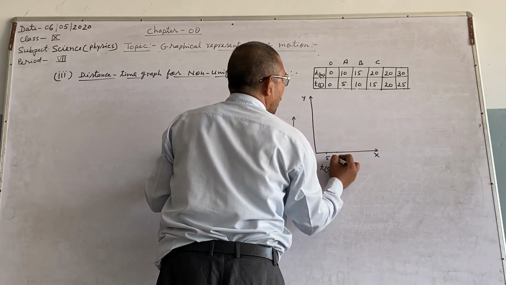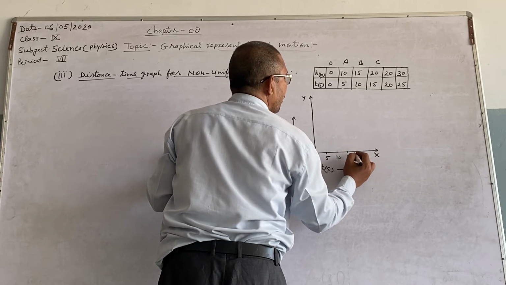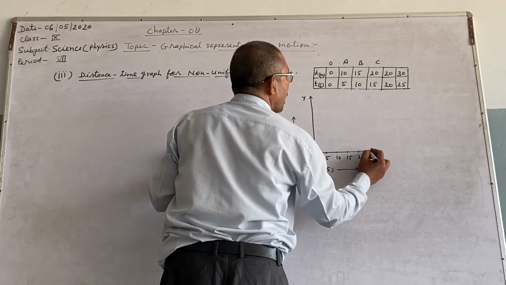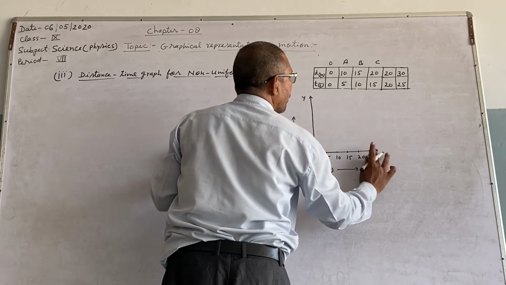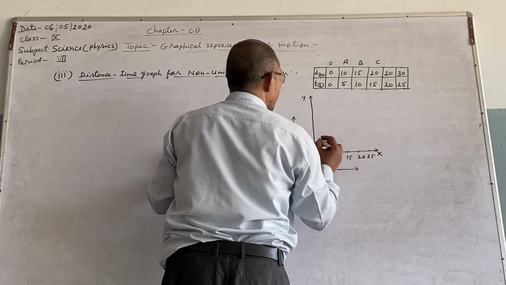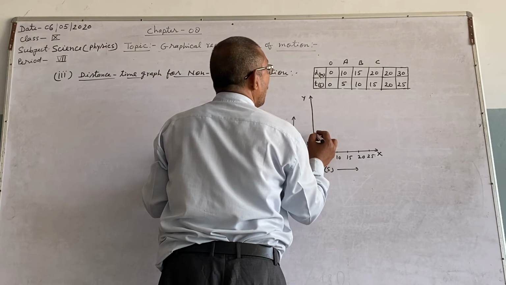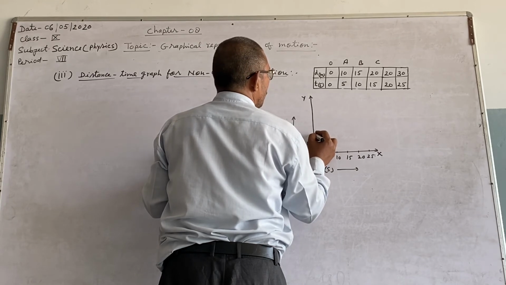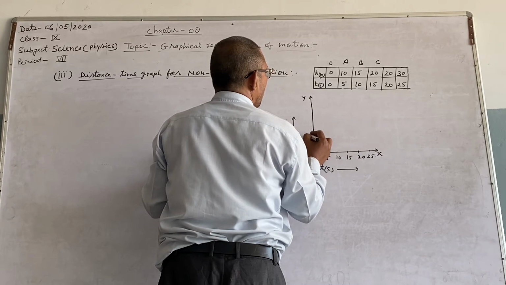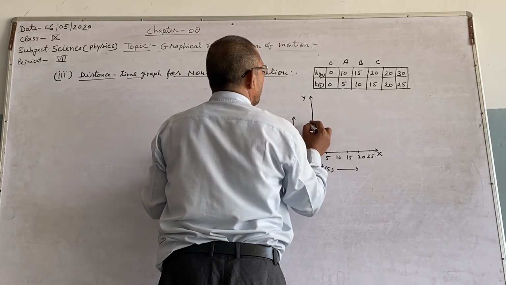Five, 10, 15, 20 and 25, and here 10, 20, 30.